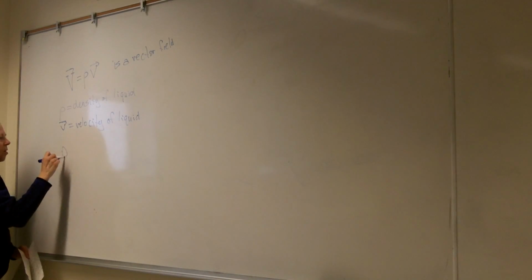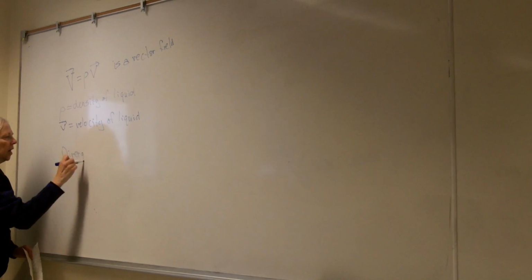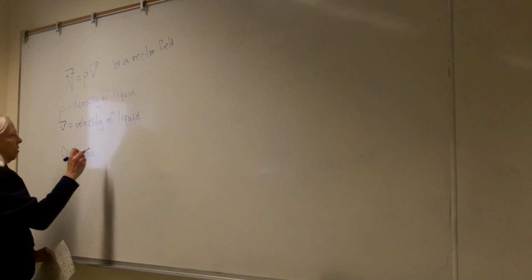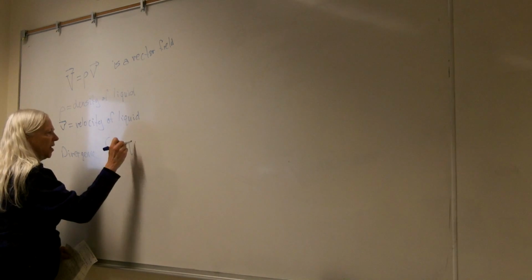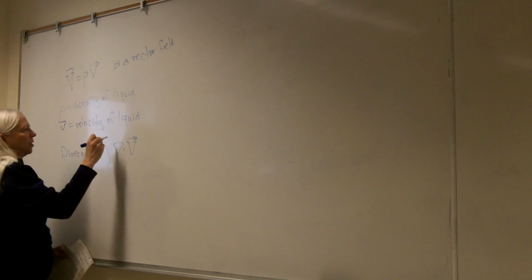And let's think about the divergence theorem for a moment, and try to interpret the divergence theorem in terms of the fluid flow here. Right, so in the divergence theorem, we've got the divergence of V. I'm going to use this capital V as a vector field.